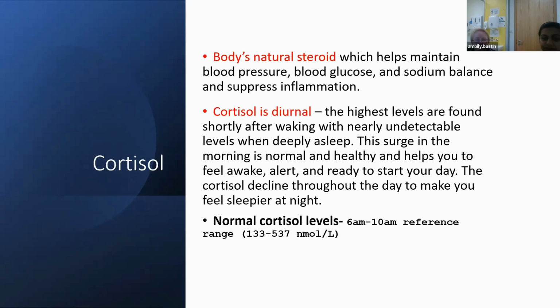By the end of the day, the cortisol level will decline and become undetectable. That's when we feel sleepier at night. The normal cortisol reference range from 6 a.m. to 2 a.m. is between 133 and 537 nanomole per liter.